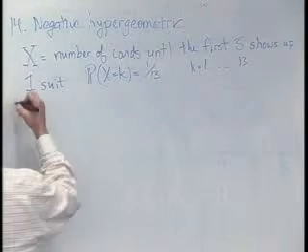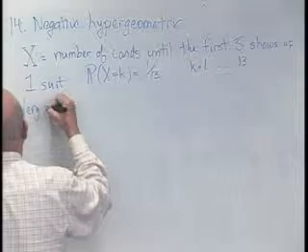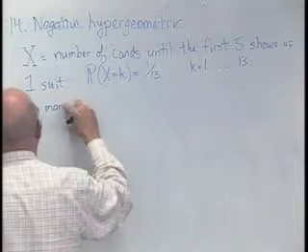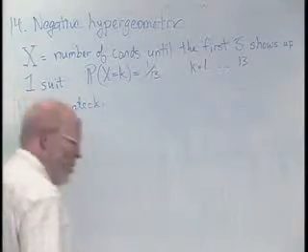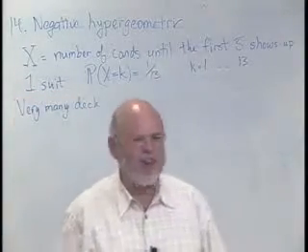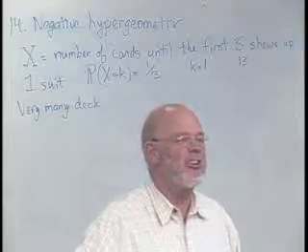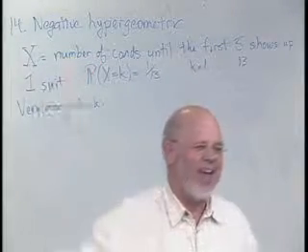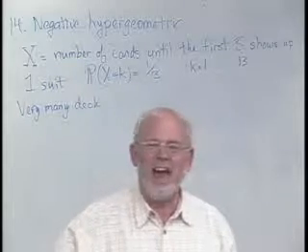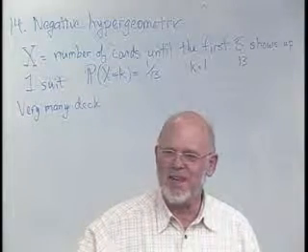Now the other limiting case is where you have very many decks. You go to a casino and you suddenly discover they have bought 1,000 decks of cards and they've shoved them into this gigantic machine, and this will keep dealing blackjack for the rest of the year.